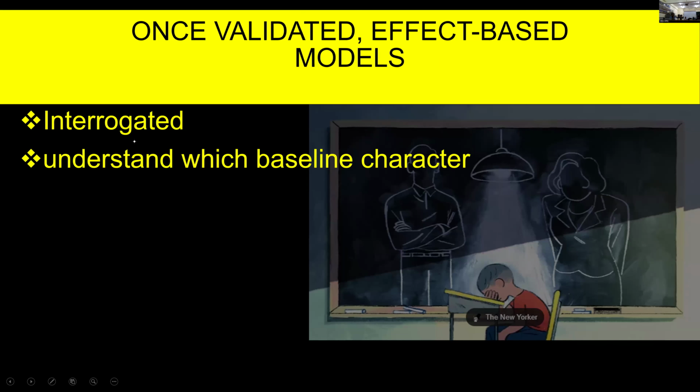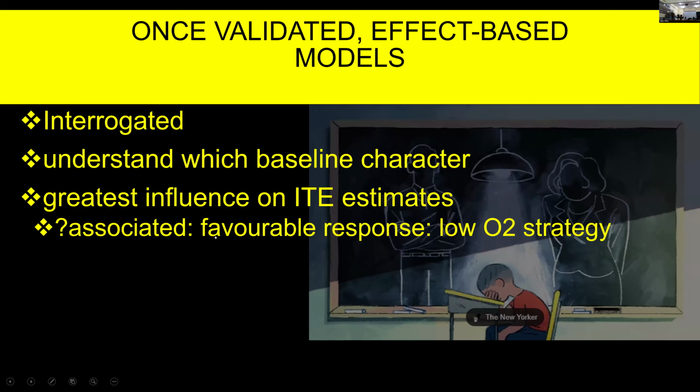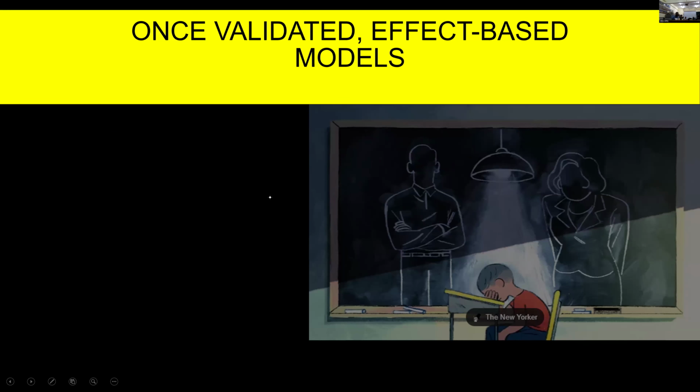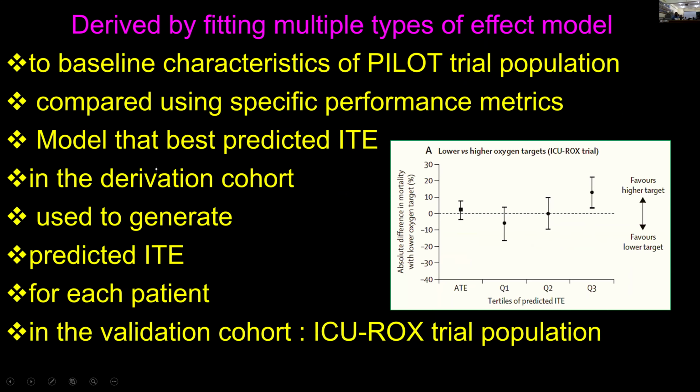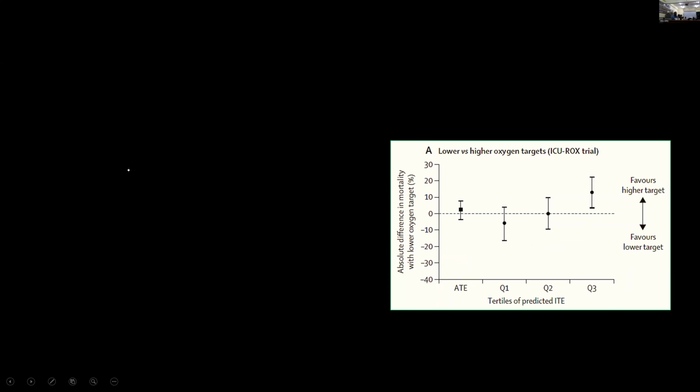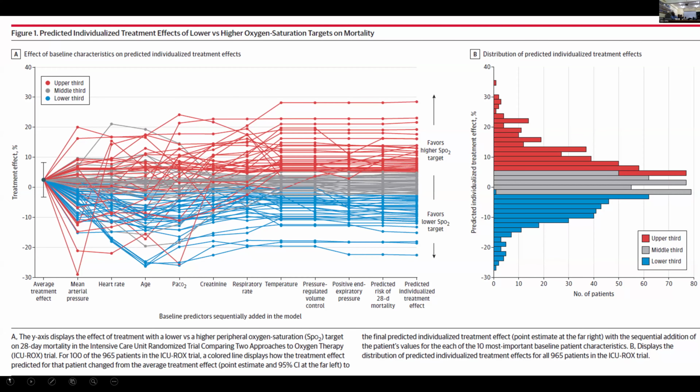So to understand which baseline characteristic had the greatest influence on ITE. So we know that there's a group of people, let us say, based on so many baseline characteristics, we divided them into three groups.